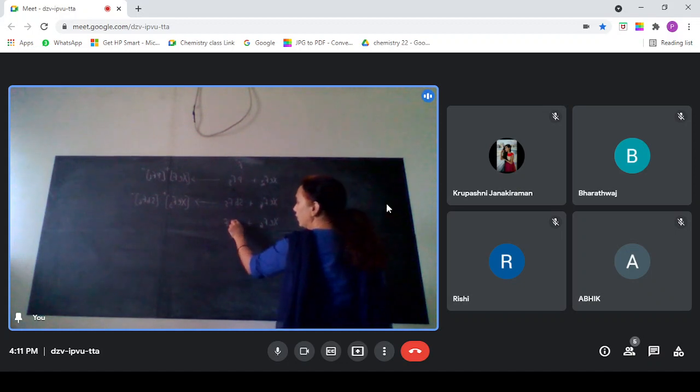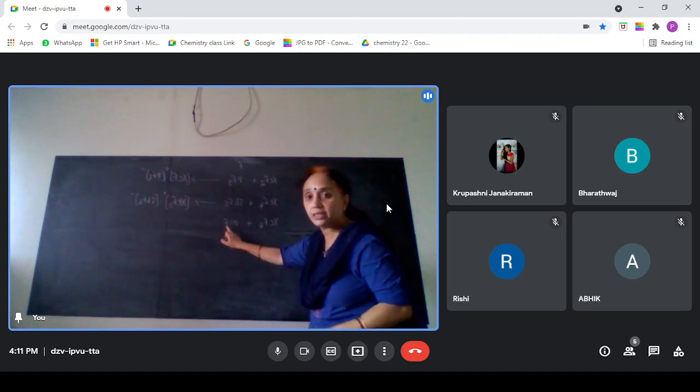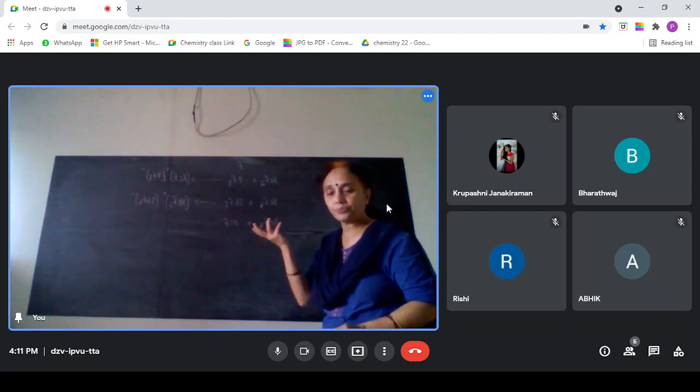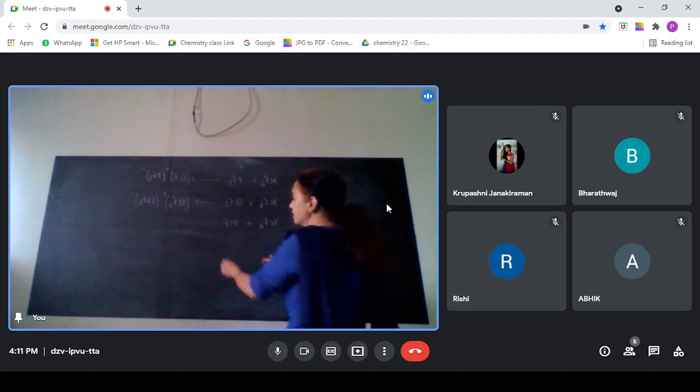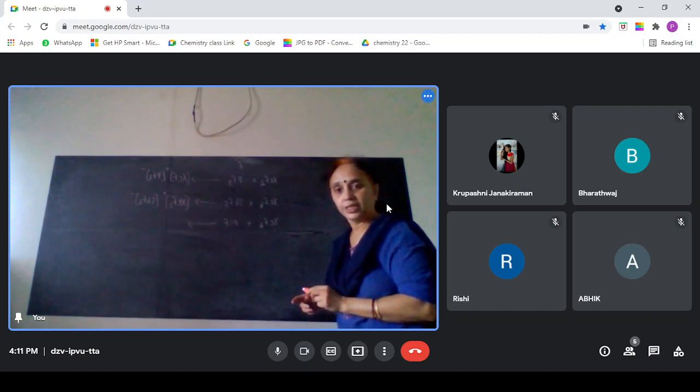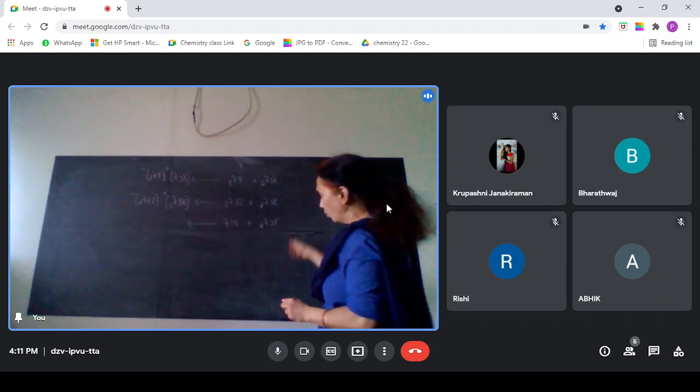This is also a fluoride ion acceptor. Whereas if you take a metal fluoride, like potassium, calcium, alkali and alkaline earth metals, they are fluoride ion donors. They do not accept, they donate.